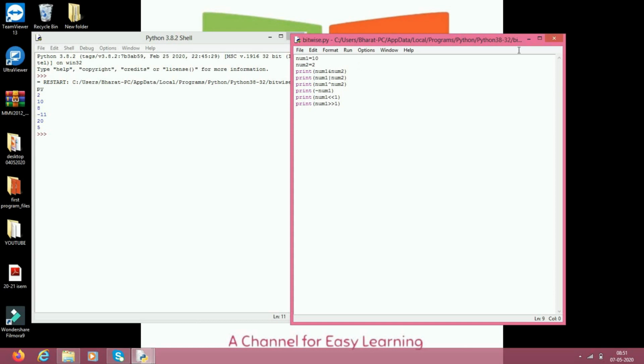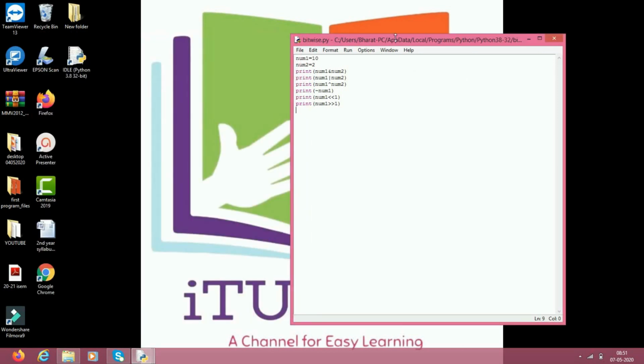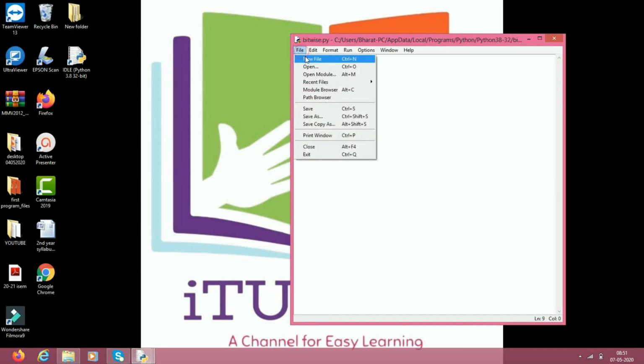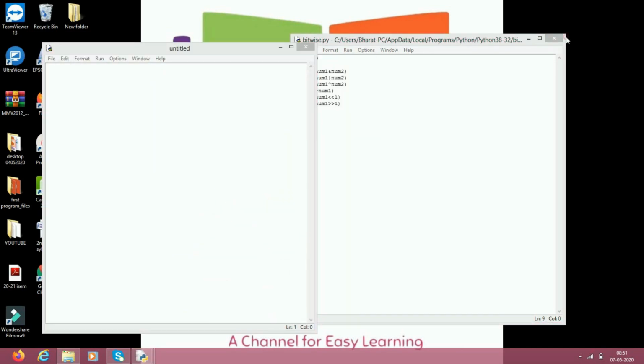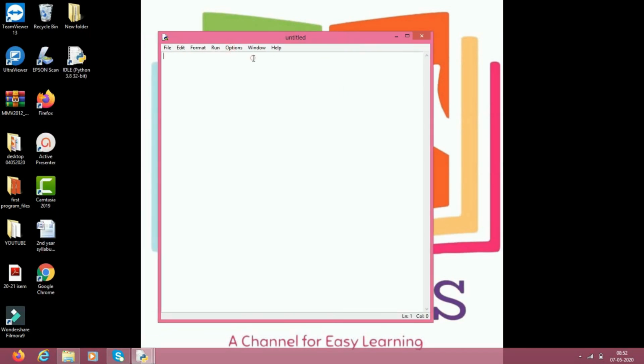Now we can see assignment operators. How to assign a value to a variable? By using the equals operator. For example, here num equals 10. Now you can apply assignment operators.